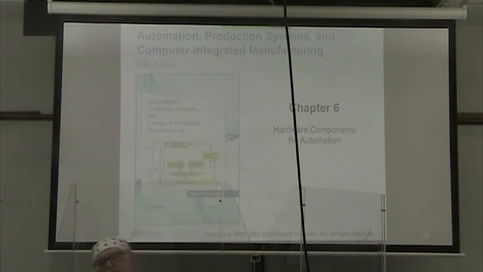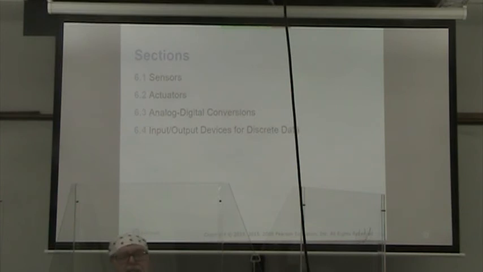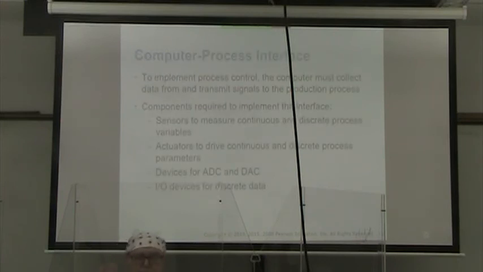All right, so Chapter 6 is hardware components for automation. So we're going to talk about sensors, actuators, analog digital conversions, input-output devices for discrete data. All right, so first of all, we have to have a computer to process interface. Our computer has to collect data from the process and transmit signals to the production process.